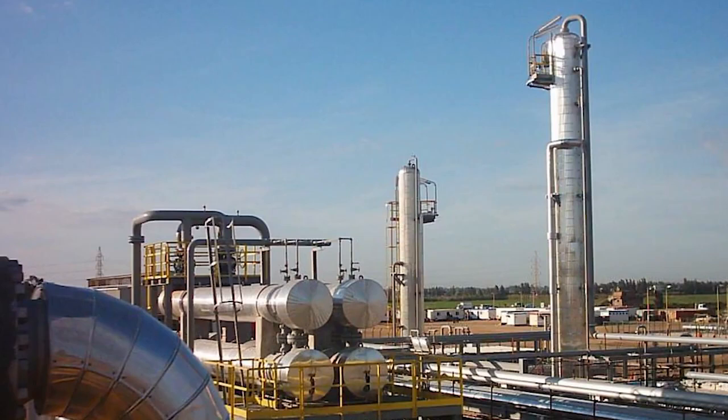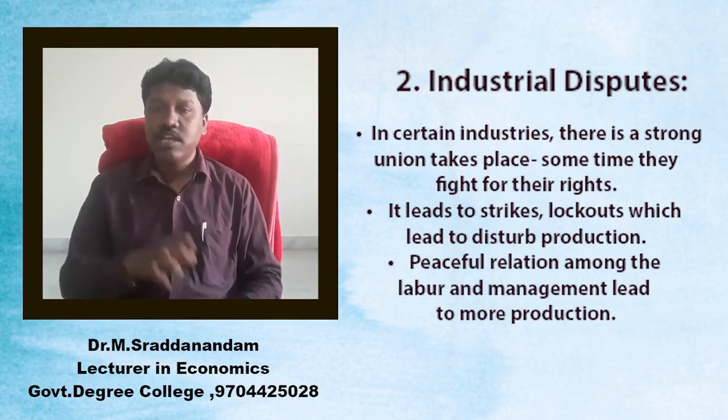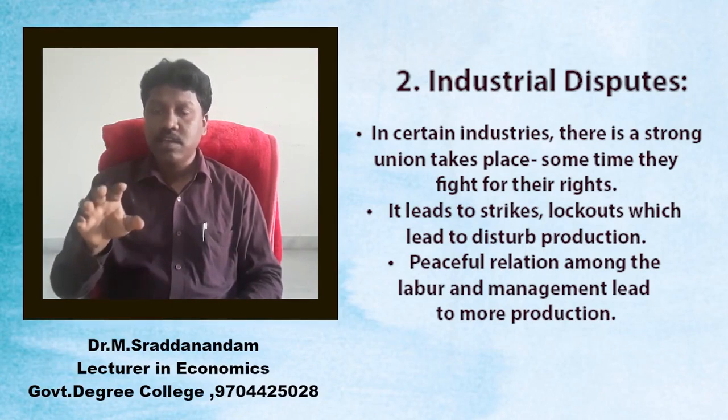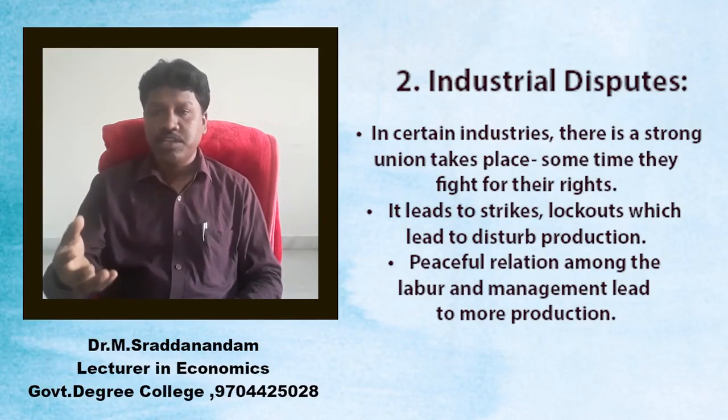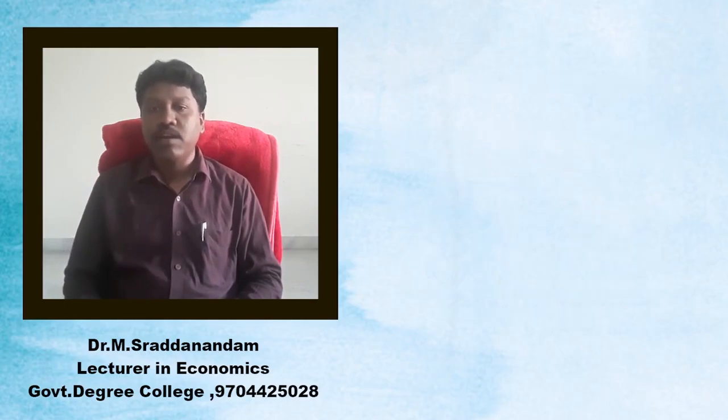That leads to an increase in the general price level. Otherwise, if harmonious, peaceful relations appear in the industrial area, that may not disturb industrial production. So industrial disputes are also one of the factors for rising price level or inflation.